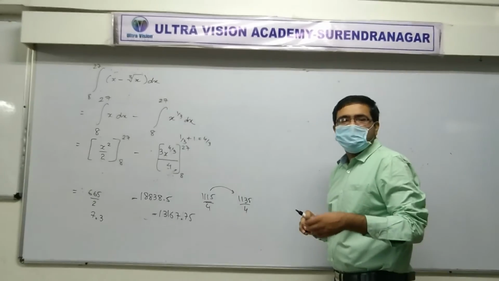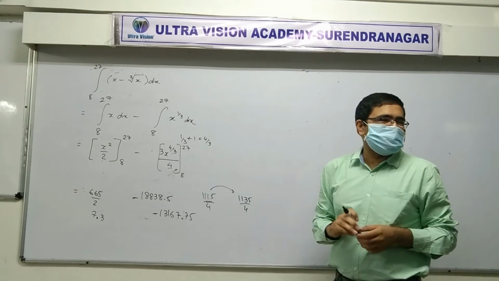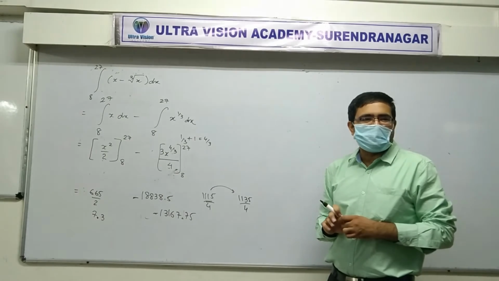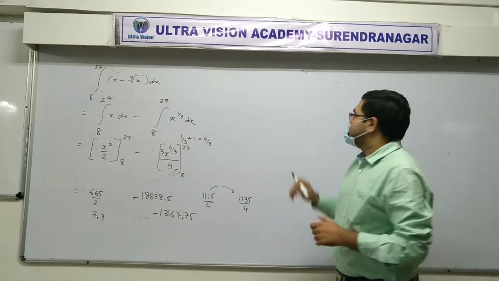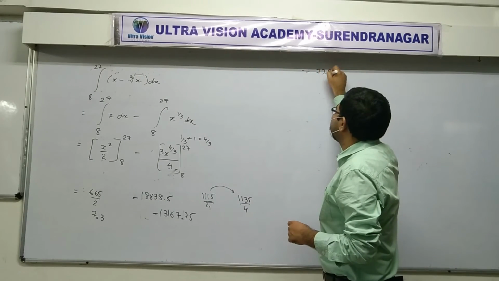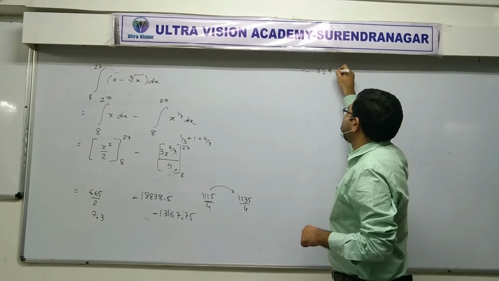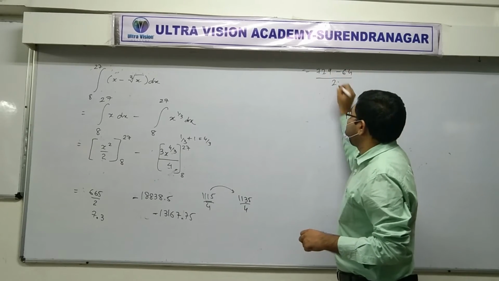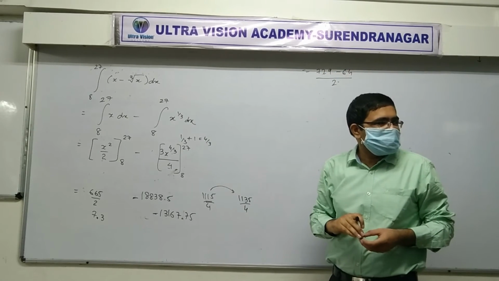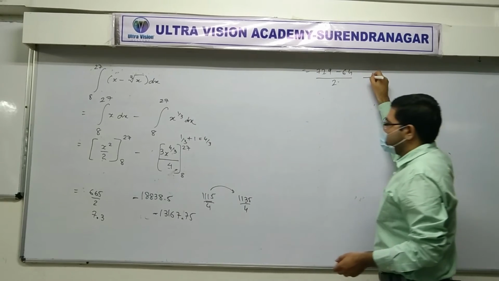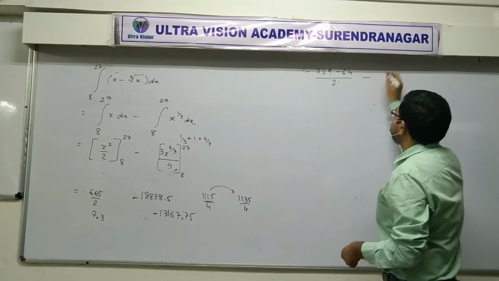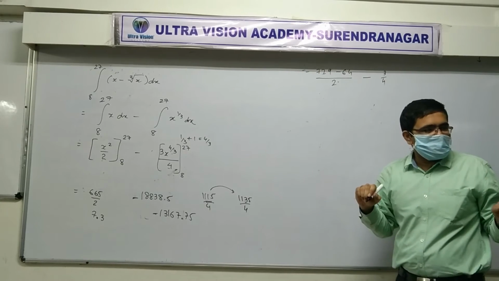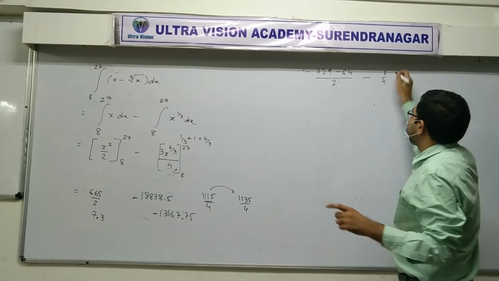So, what should I write? 27 squared, I asked you to remember it, and it is 729, minus 8 squared. And of course, everything is divided by 2. Right? Okay? Yes. 3 by 4 common. Just like your 2 is everywhere.